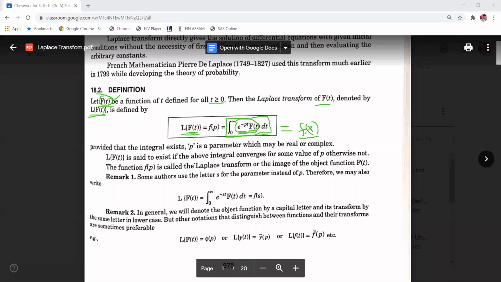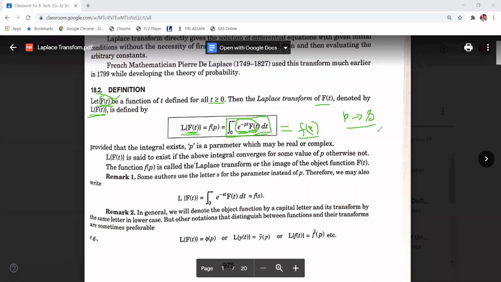So in general, how do we denote it? If capital F is used, then small f of p. In some books, in place of p, you will find it written as s, a small s.